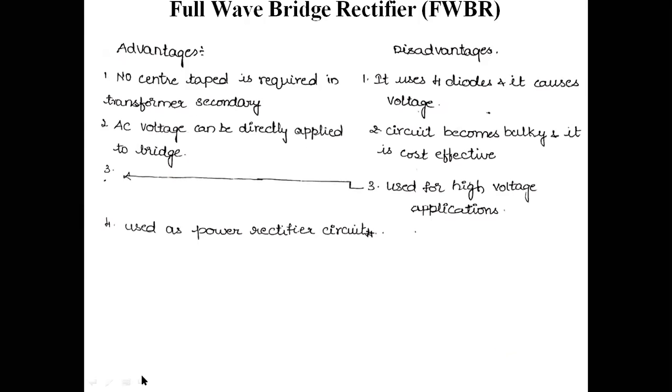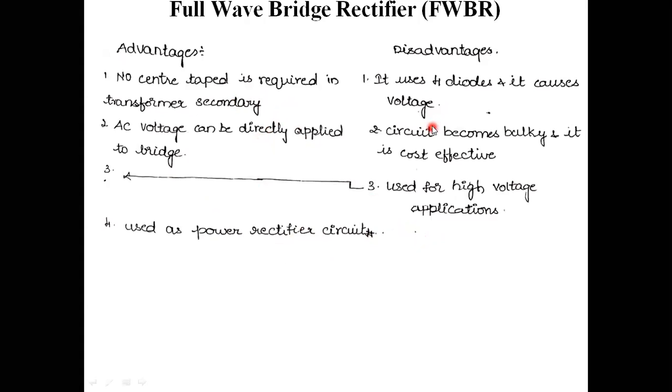This is about the advantages and disadvantages of the bridge rectifier. The advantage is there is no center tap. AC voltage can be directly applied to the bridge circuit. It can be used for high voltage applications. It can be used as a power rectifier, in power rectifier circuits.